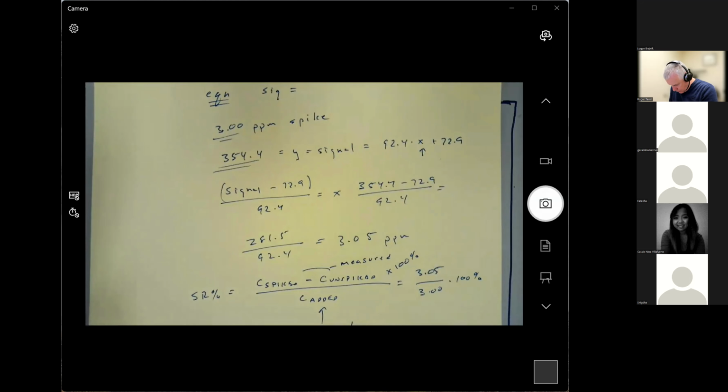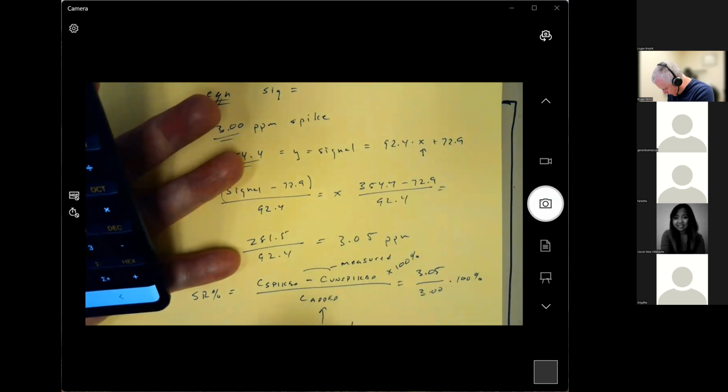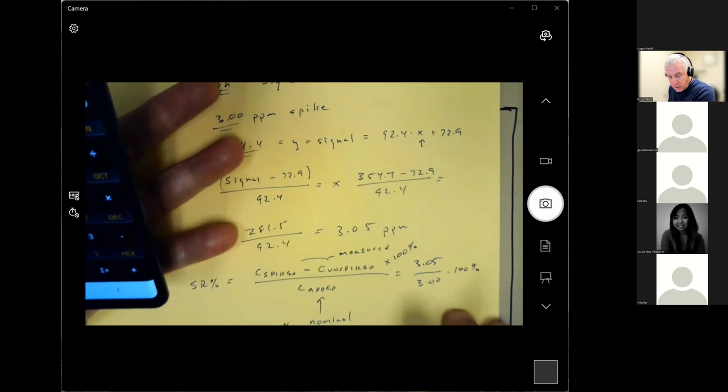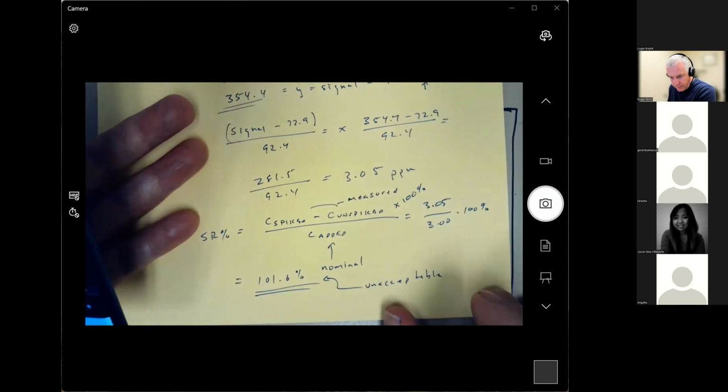So 3.05 enter, 3 divide, 100 times. This is 101.6, which is also unacceptable based on our criteria, right?